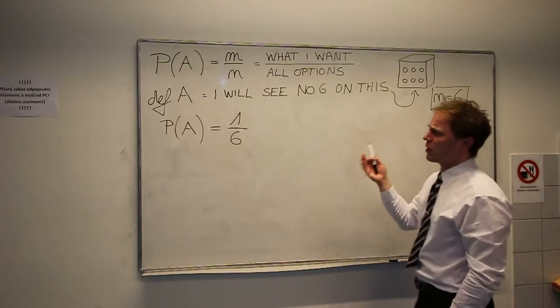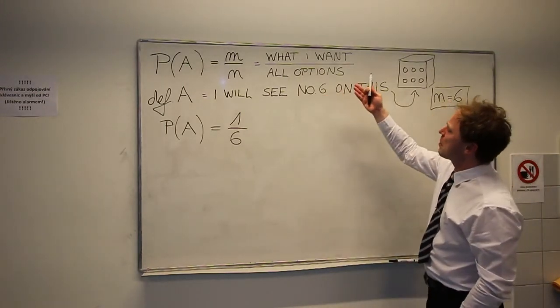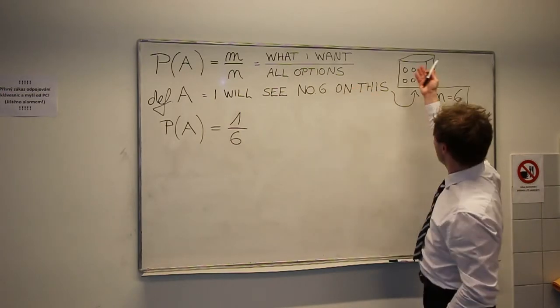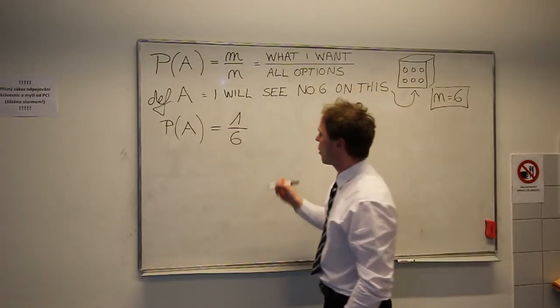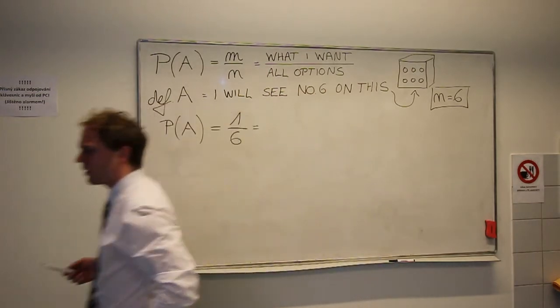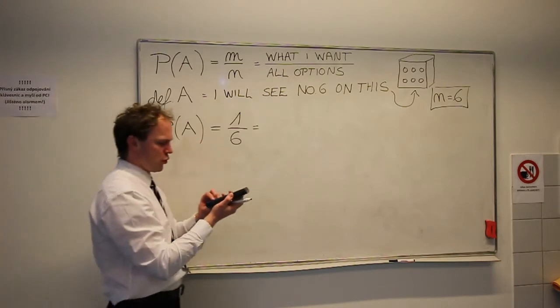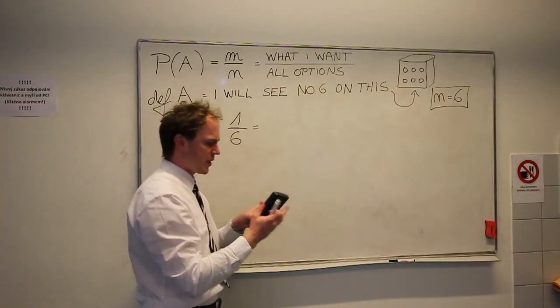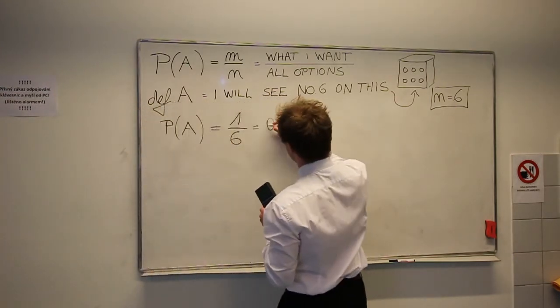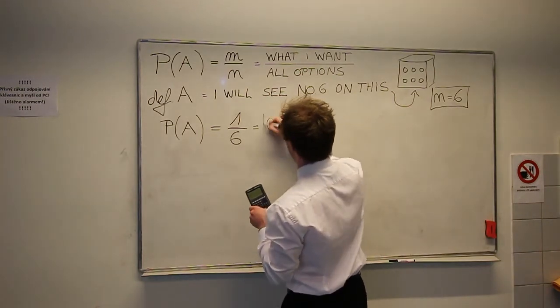It's absolutely the same probability if you want to calculate the probability that you will see number 4, for example, on this dice. So 1 divided by 6 can be calculated on a calculator. If you calculate this ratio, the result is 0.1666 periodical.